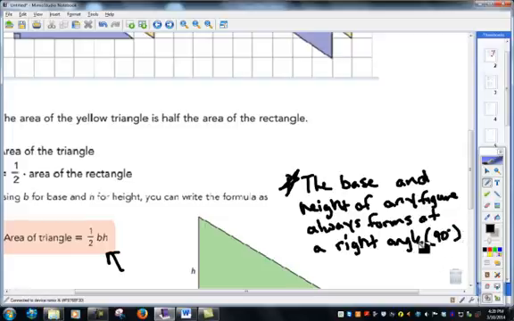If you need to pause and write that, pause it, please. If I went a little bit too fast, please pause it, because this is very important. The base and the height of any figure always forms at a right angle.